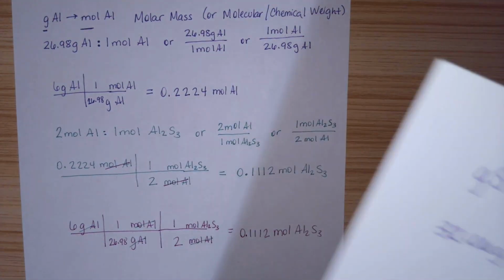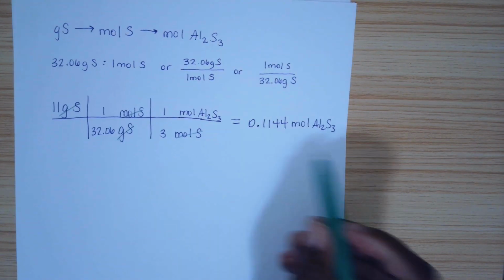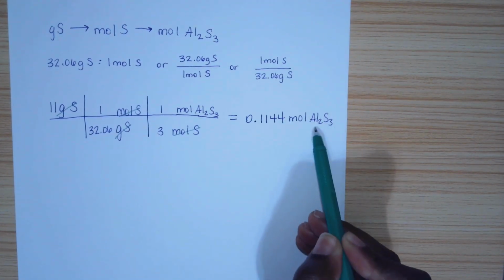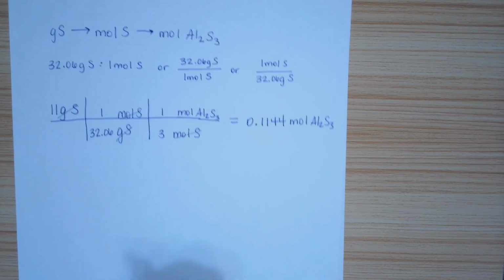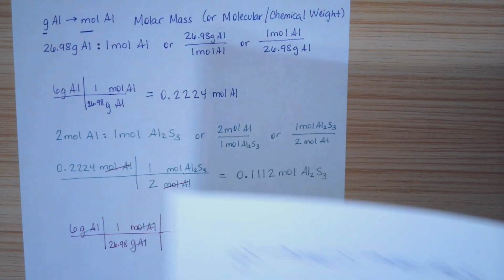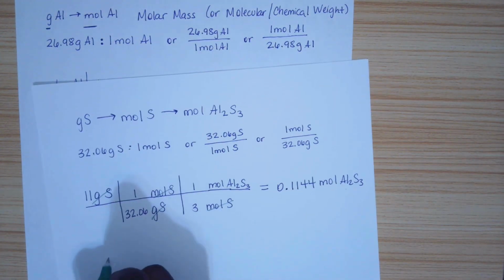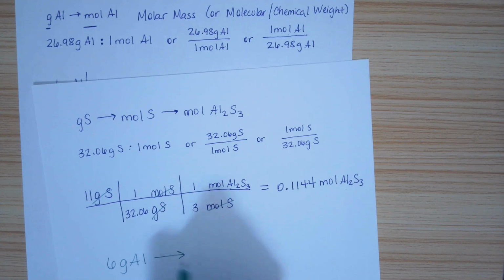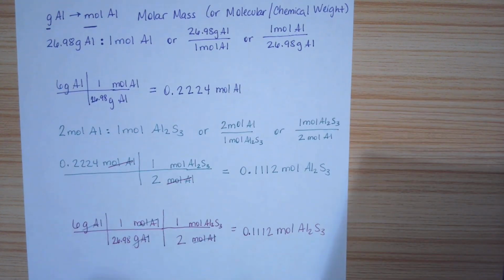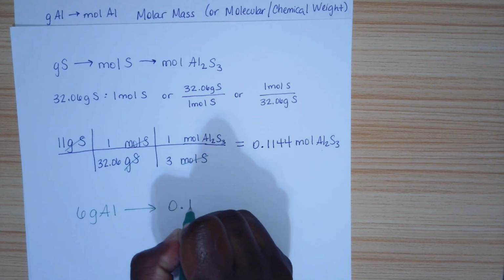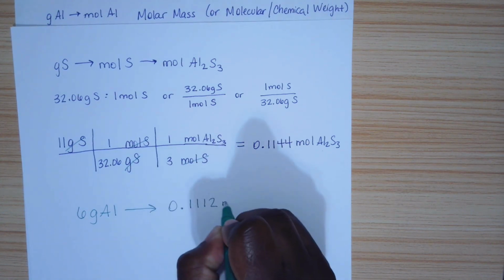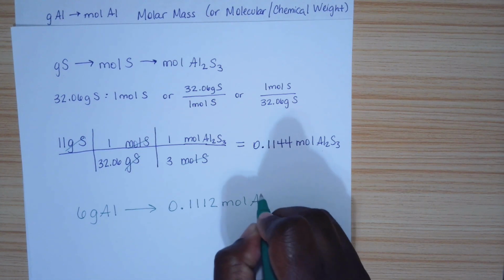So just so that we're working with one sheet of paper, we have the amount of product formed based on the amount of the sulfur. Going back to the amount of aluminum, if we started with 6 grams of aluminum, we would end up forming 0.1112 moles of the product.